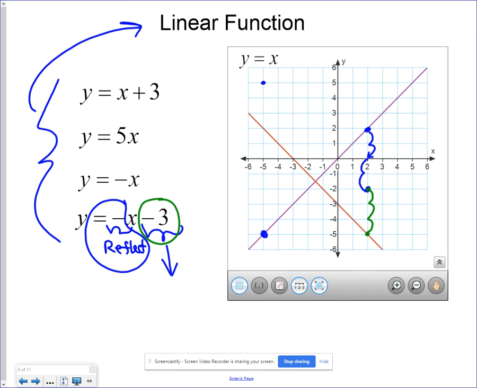And then the -3 will move it down 3 units. 1, 2, 3. And there it is.